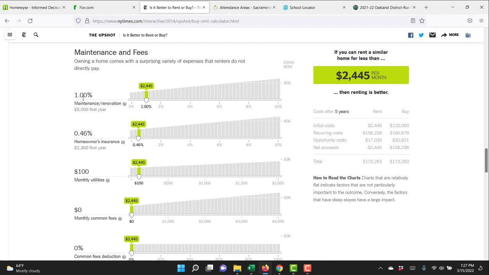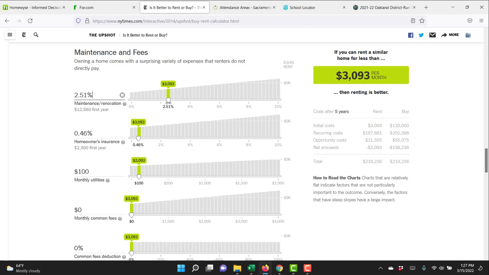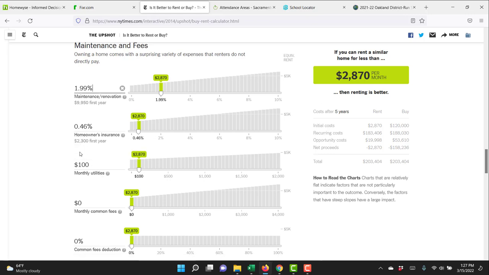Maintenance and fees. So the cost of maintenance of your house. It looks like this is a first year thing, so it's only $5,000. Let's say we had a fixer upper property and we had to put in $10,000. Okay, so you see here it's a $10,000 renovation cost. The homeowner's insurance, 2,300 is about right.